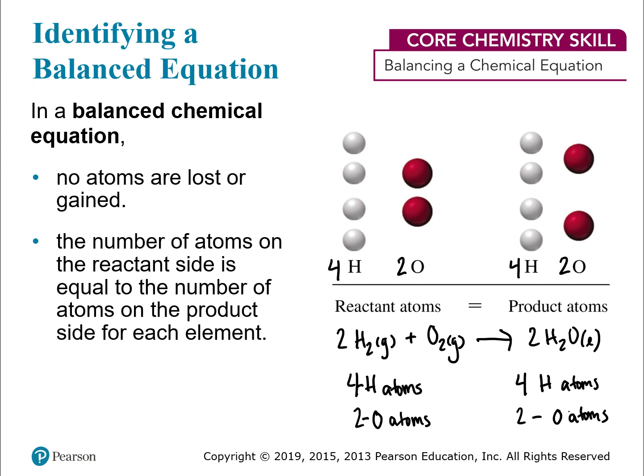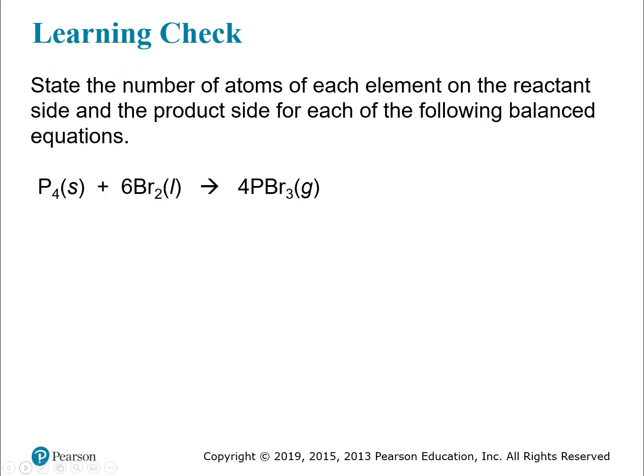While we're gearing up for it, this is the goal. So keep that in mind. The goal for balancing an equation is to have the same number of atoms on the reactant side as you do the product side for each element. Right now, what we're going to do is a little bit of practice.